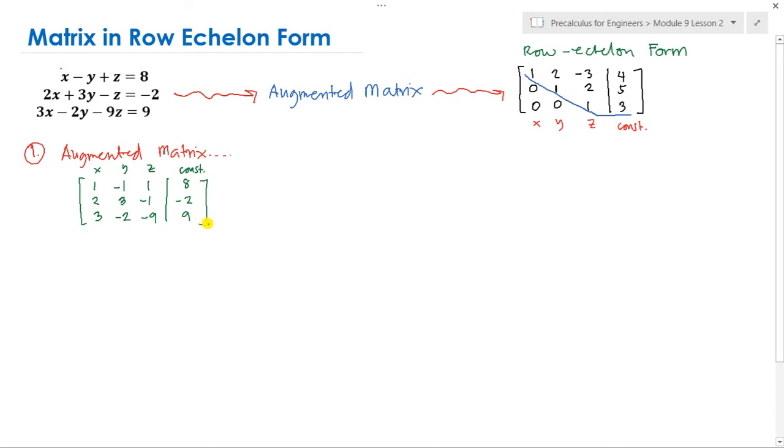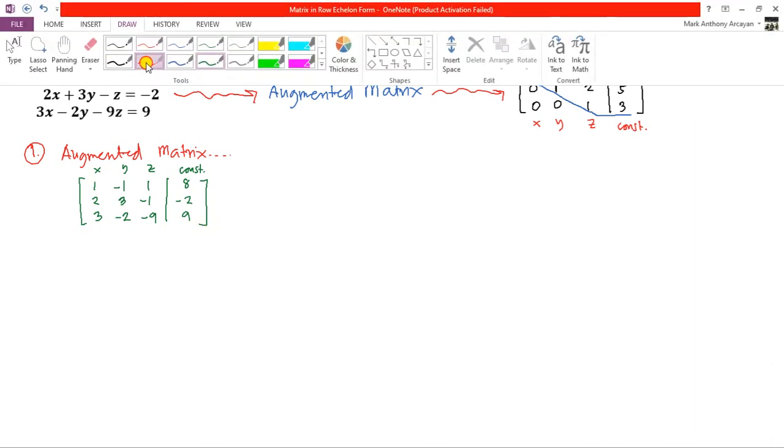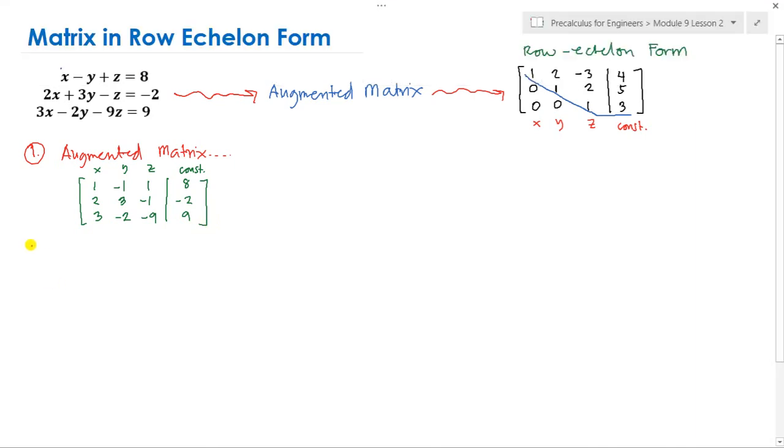So, mao na ato ang augmented matrix. Lisod ba, dili? Lisod ba, class? Ha? Ing-ani ra, no? Ing-ani ra.